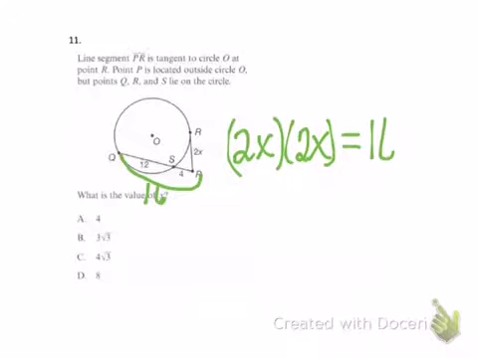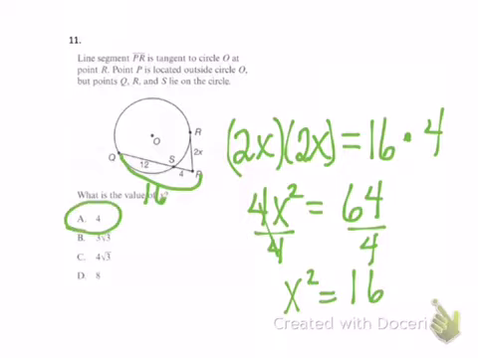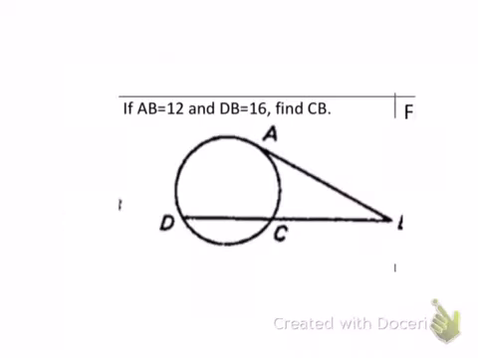So the secant is 16 times the exterior part, which is 4. And let's simplify. 2x times 2x is 4x squared, and 16 times 4 is 64. If I use the division property of equality and divide both sides by 4, that would give me x squared equals 16. What number squared is 16? 4. You work this one.